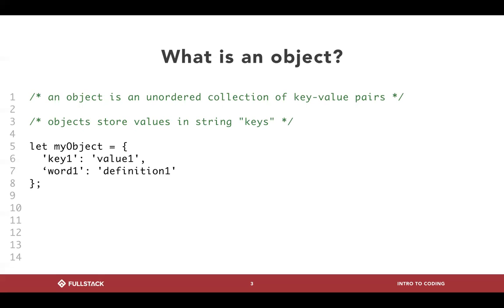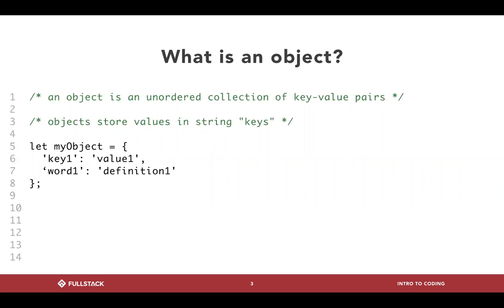So here we have my object, which is the name of the object, and I have this string key one. If I say my object and put the syntax to access a value and plop in key one, it will quickly look up and identify that value one is the only value associated with this key. So it's a unique key to value relationship.